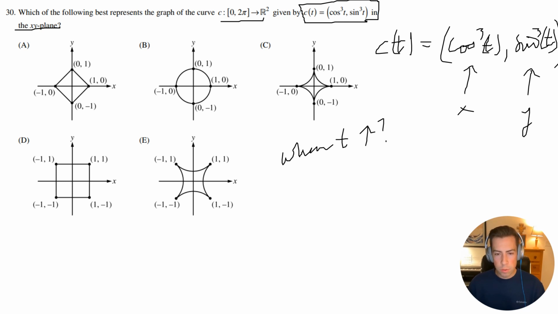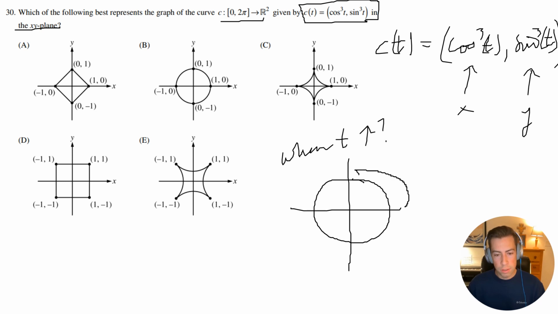So if I increase the value of t, let's think about it this way. So this is the unit circle, right? Now, if I have a cosine function and I increase the value of t, or I go around the unit circle, well, cosine is going to decrease, right?